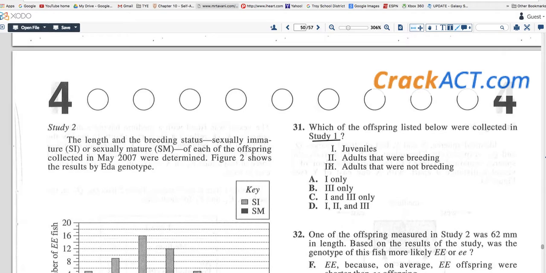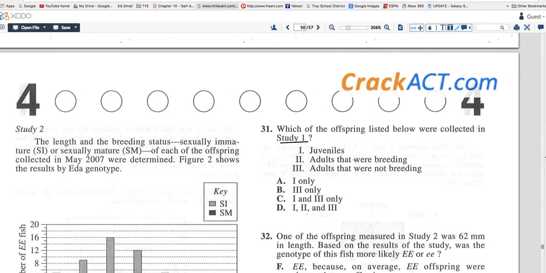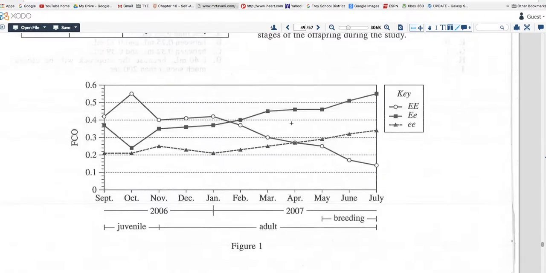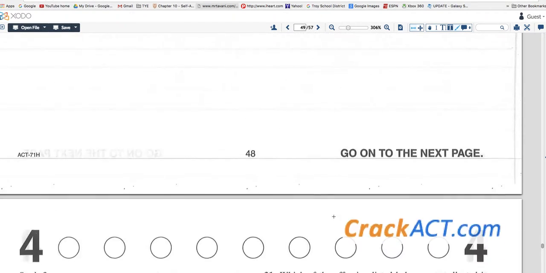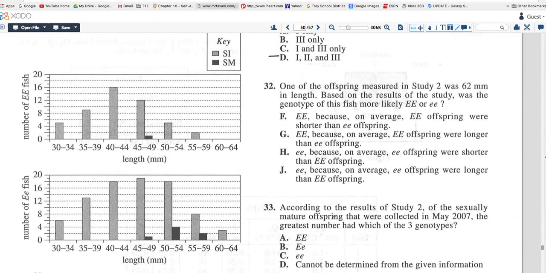So you know that there were juveniles collected in study 1, and there were adults that were breeding and not breeding too. Good. So we choose D. Perfect. So what he did with 31 was go to study 1 and read right at the axes. You have juvenile, you have adult, and then you have a little section of adults who are breeding. So that is all 3 of them, which is D. All right, 32, who wants to do that?